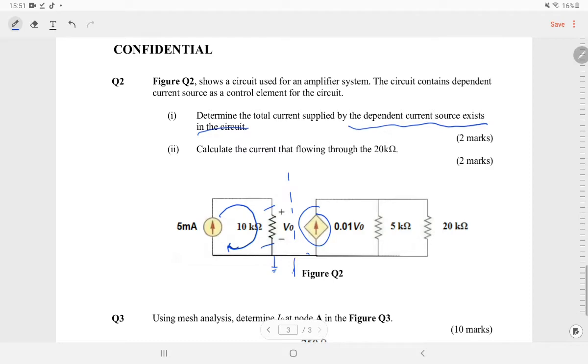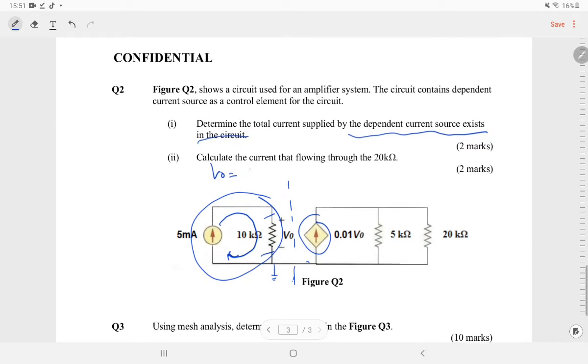So therefore from here, okay, actually you can find the value of V naught. V naught equal to IR, which is your I is 5 milliampere, and then the R is 10 kilo ohm. So therefore V naught is equal to 50 volt.